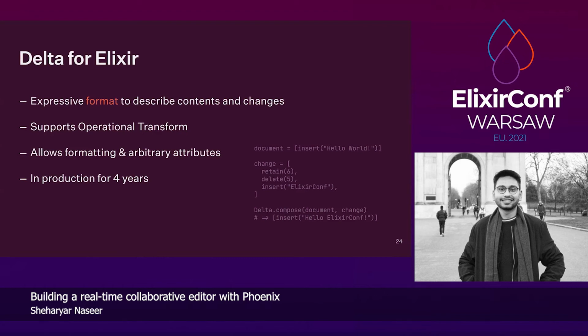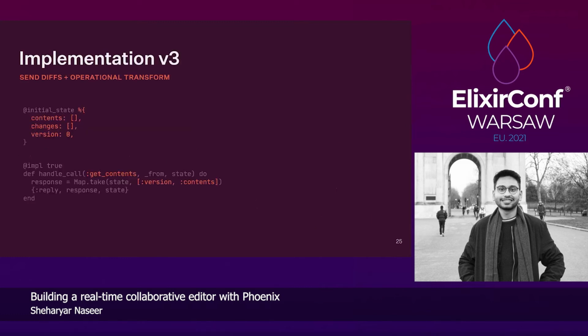It has full support for operational transform, allowing for a consistent document model across all platforms. Other than tracking contents, it also supports rich text formatting and tracking arbitrary attributes like author, time, comments, and more. But we won't use Delta for those today. Although we've just released this to the public, Delta has been a core technology at Slab for the past 4 years, so we're quite confident about it.